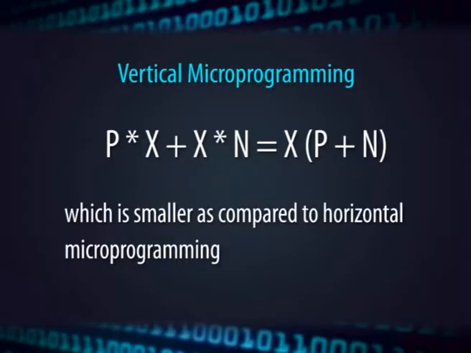Horizontal microprogramming requires P into N into X bits of storage in micromemory, whereas vertical microprogramming will require only P into X plus X into N, which is equal to X into (P plus N), and it is very small as compared to the memory required for horizontal programming.